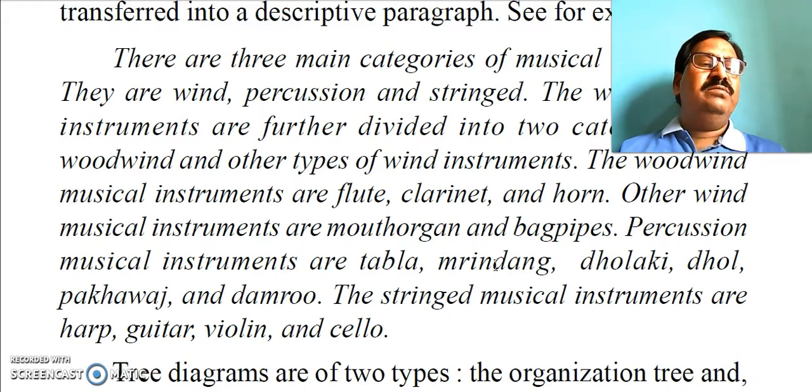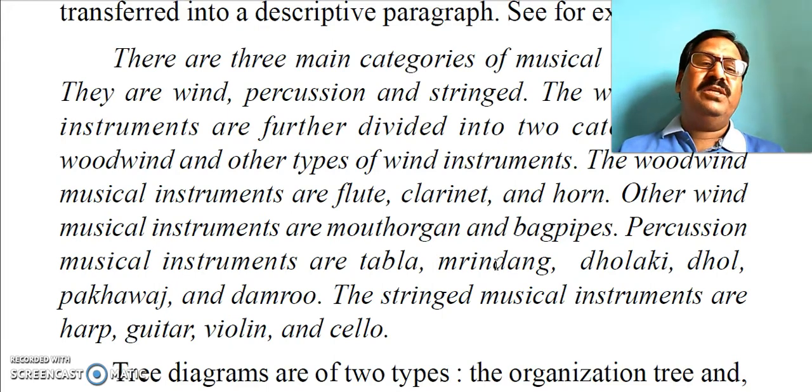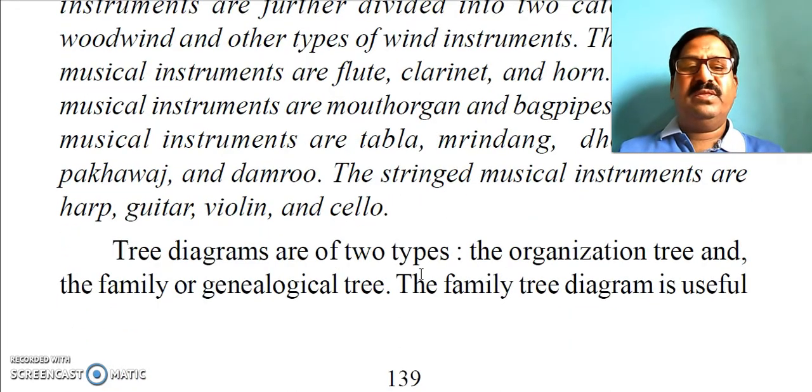When you are given a narrative prose, you have to present it in a particular diagram, in a tree diagram, and when the tree diagram is given to you, then you can write the same information in a verbal form or paragraph form.